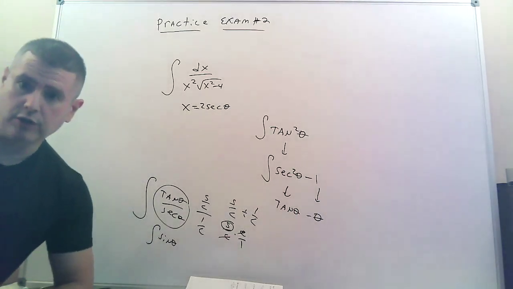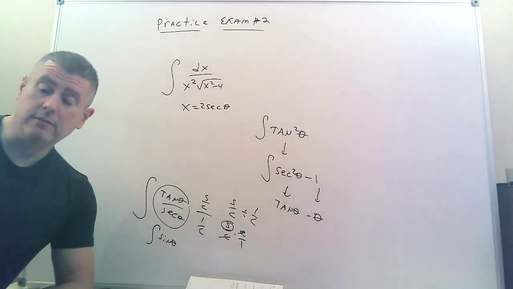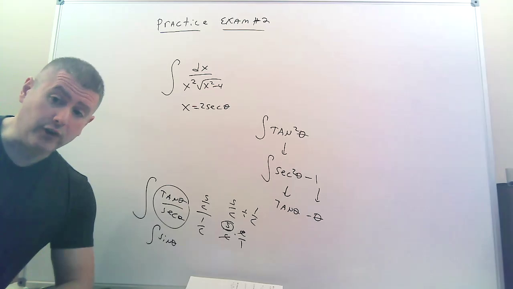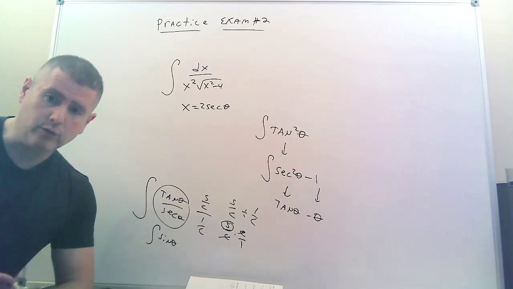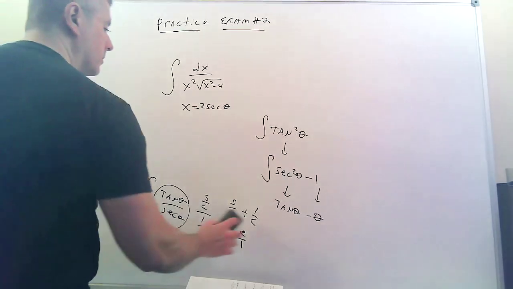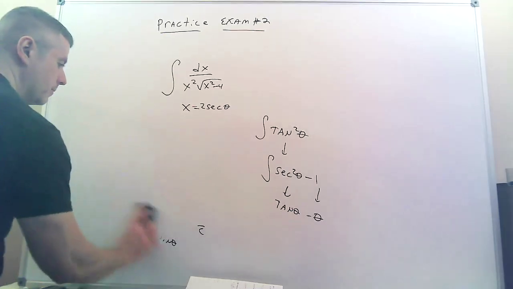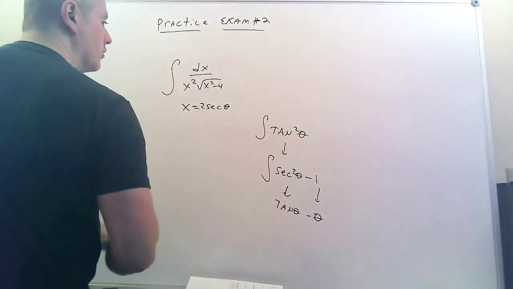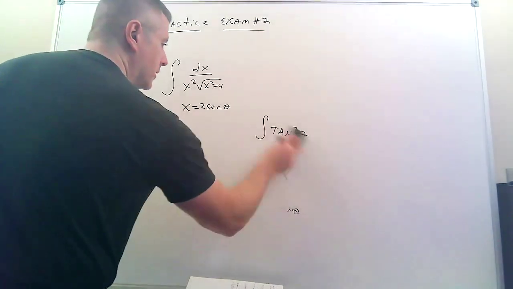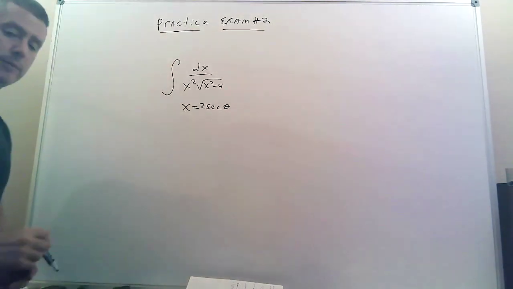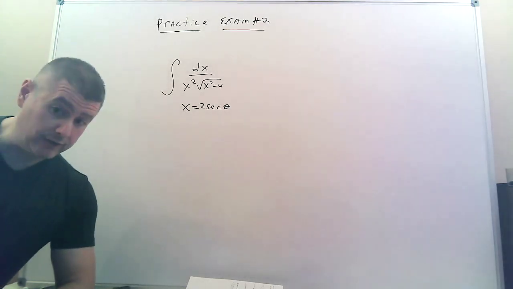In fact, that's a really good question. You could get something like that, and that's not difficult to integrate. You have to know to replace the tan squared with the secant squared minus 1. That's the identity: tan squared plus 1 is equal to secant squared. So if I want to get rid of tan, I put that. The point I'm making is the first 2 trig substitution problems I give you will work out fairly nicely.